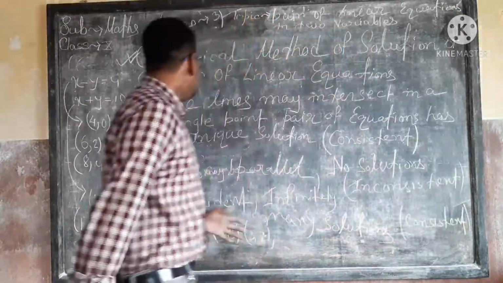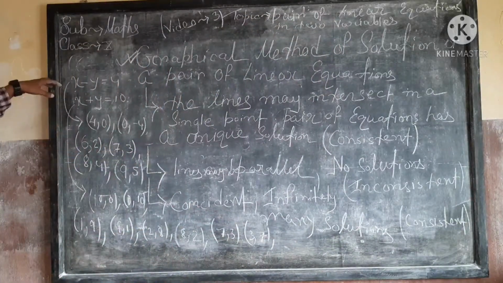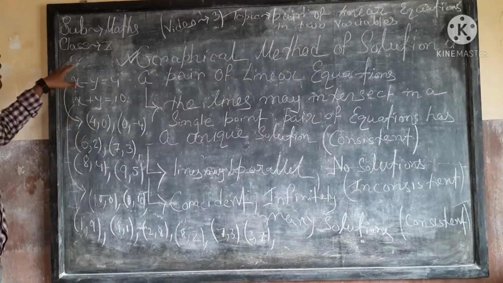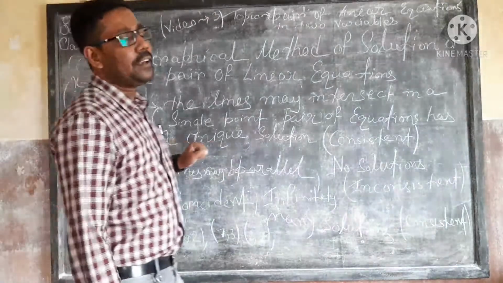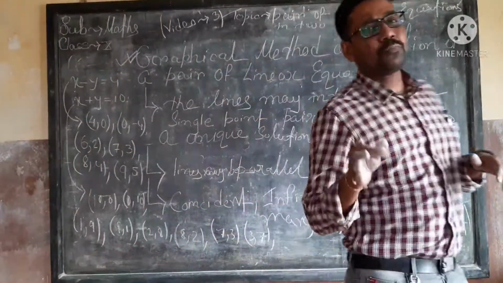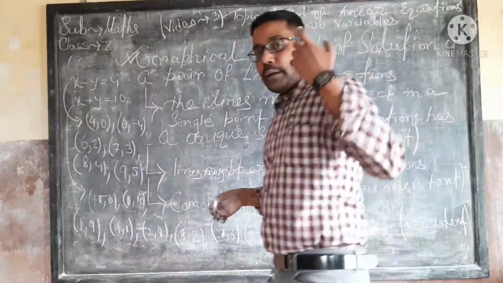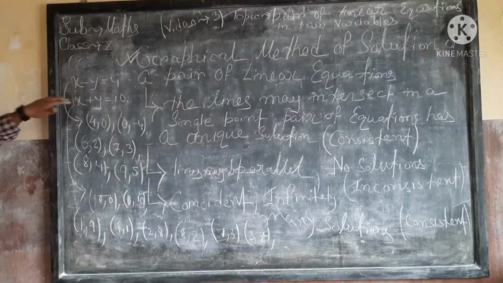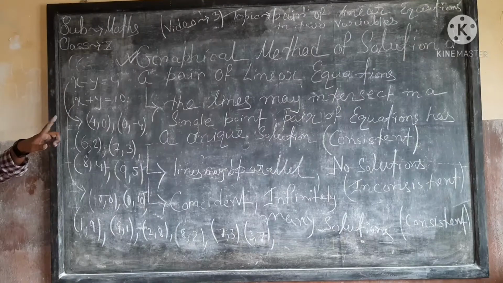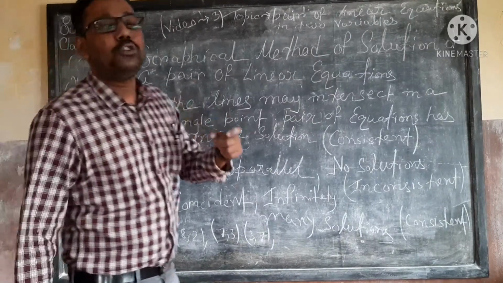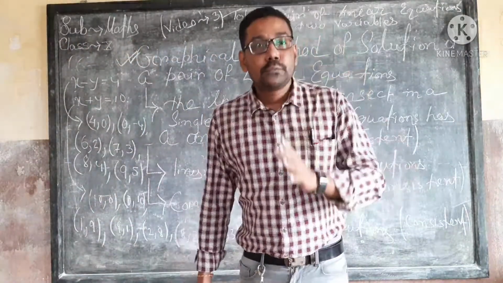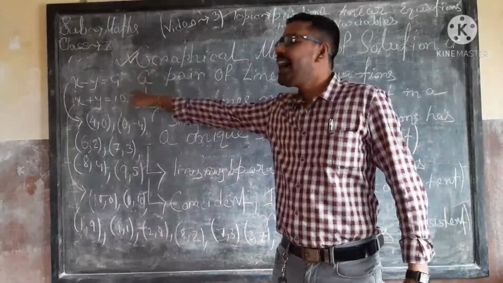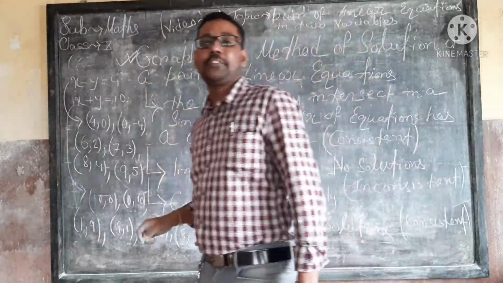These are the solutions for the second one, and those are the solutions for the first one. If we apply this process, we can easily find many solutions for the first one and the second one. But what is the solution for this pair of linear equations?